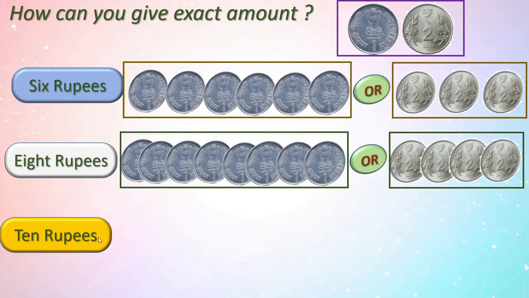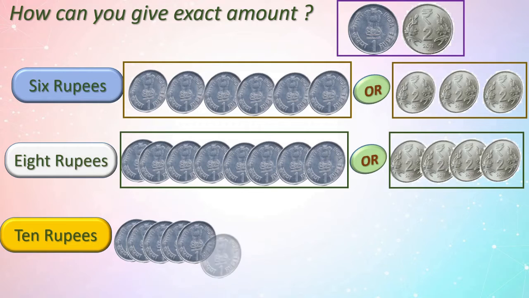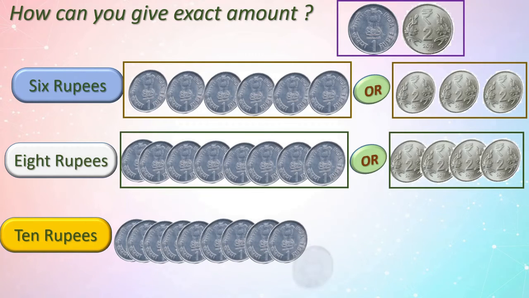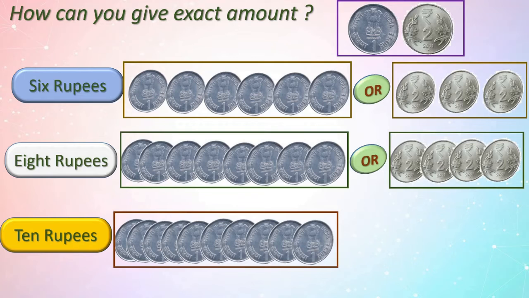Now, if you want to give 10 rupees, that also by using 1 rupee coin, then how many coins are needed? Yes. 1, 2, 3, 4, 5, 6, 7, 8, 9 and 10. Right? These 10 coins of 1 rupee make 10 rupees.